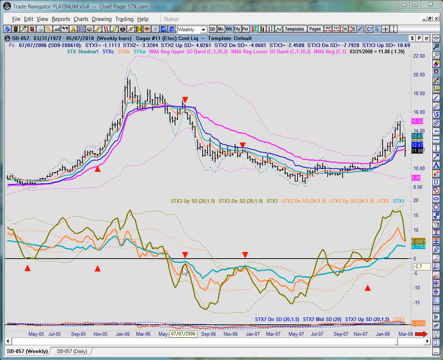Alright, let's first discuss the movements of the oscillators and how they might interact. As was the case with the triple STX, note that, of course, they do move at different speeds, and therefore they offer patterns like fans and conjunctions, just like the triple STX did as well, which is the reason that we spent so much time trying to understand what the appearance of that fan and or conjunction formation looks like.